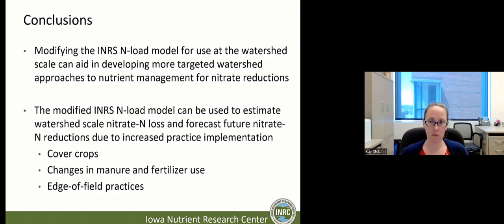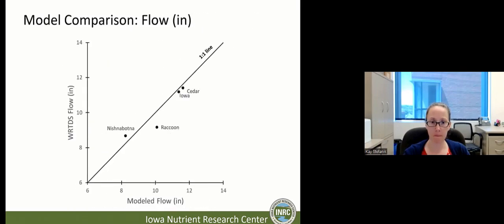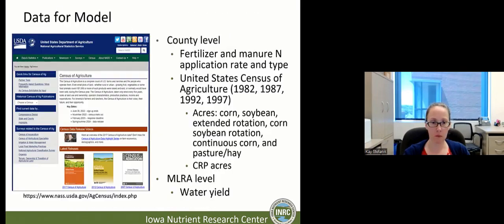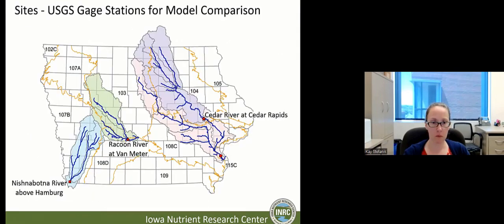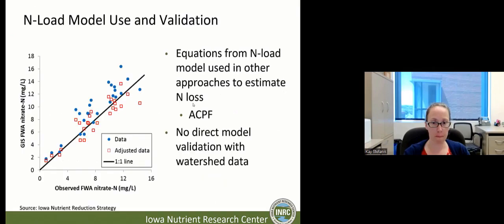Oh yeah, okay. Maybe you can go back to the INRS graph that compared GIS flow-weighted nitrate concentrations to the, yeah, okay, keep going. Where was that one? That one, yeah.